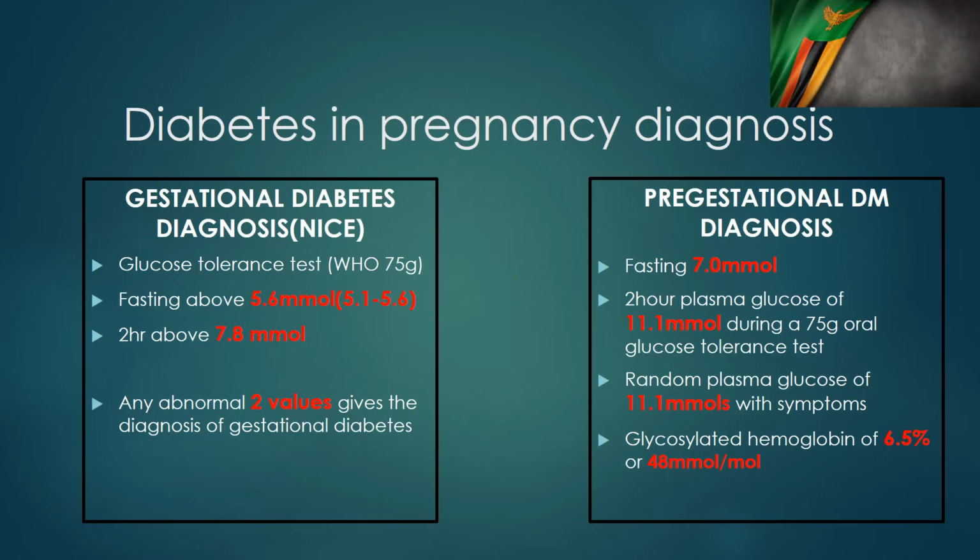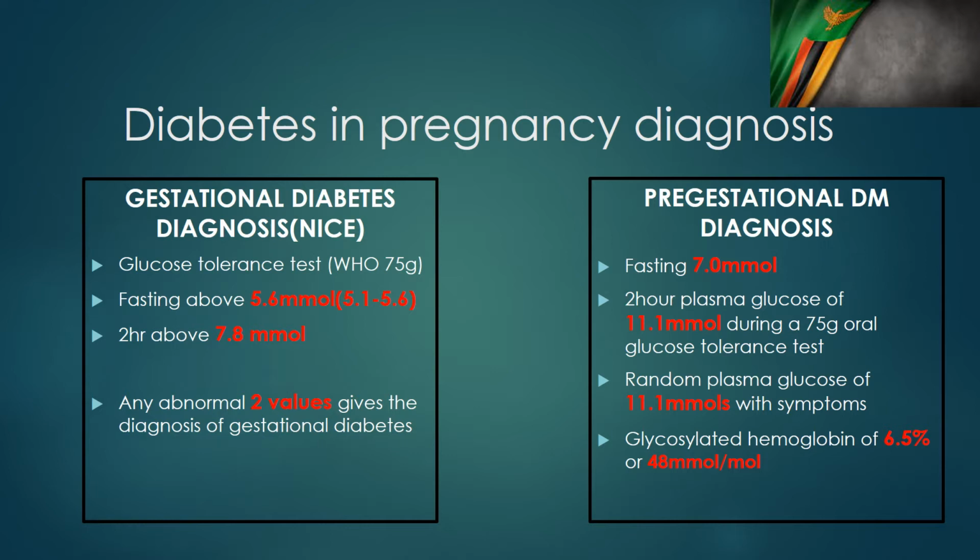So how do we make a diagnosis of gestational diabetes? We make a diagnosis of gestational diabetes by doing what is called an oral glucose tolerance test. The recommended one is what is called the one-step 75-gram oral glucose tolerance test.